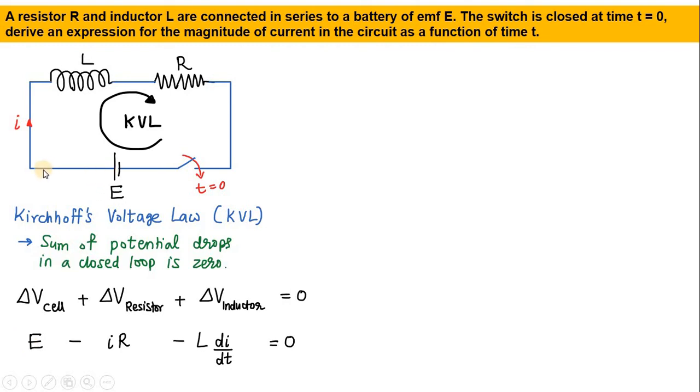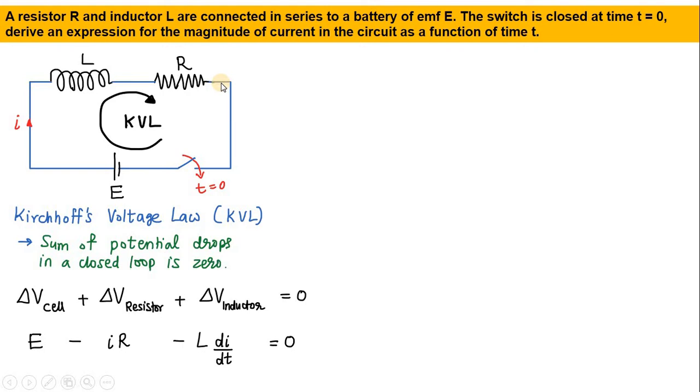Now, as we move forward, we move clockwise through the resistor. The potential difference across the resistor is I into R. But why is there a minus sign here? Because the potential will decrease. Current is flowing in the rightward direction, and we are also traversing in the rightward direction through the resistor.